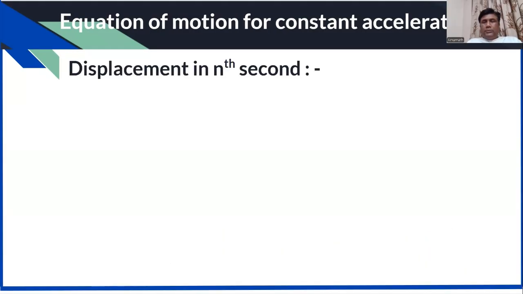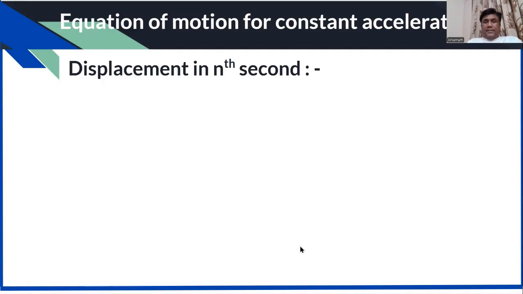We are going to discuss displacement in the nth second. If we discuss displacement in, say, 5 seconds, and displacement in 4 seconds, then if I subtract the displacement in 4 seconds from the displacement in 5 seconds, I'll get the displacement in the 5th second. That is the basic logic actually.